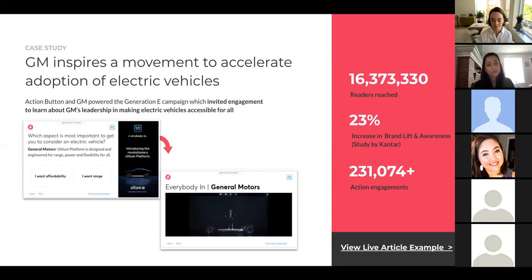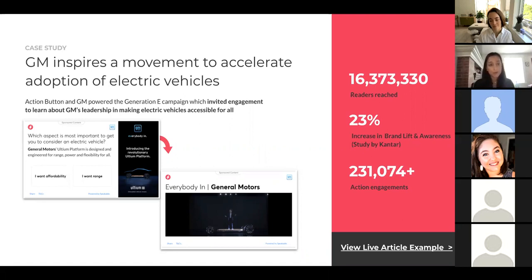And then in terms of some of the stats that come from the ActionButton campaigns and what we accomplished through that, we were able to reach over 16 million readers in the moments they were consuming content around electric vehicles, maybe thinking about it for themselves, for example. One other great component of this is that we also did a third-party brand lift study, to see how people perceived the brand after engaging with an ActionButton.